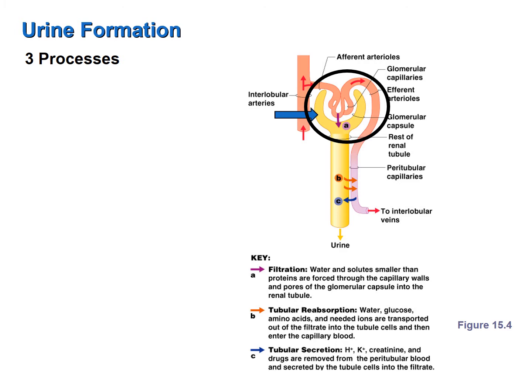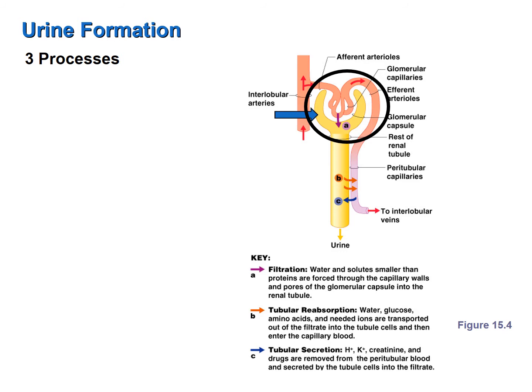As blood passes through the glomerular capillaries, water and solutes that are smaller than large proteins are forced through the walls of the glomerular capillaries, and they enter the glomerular capsule. Basically, the plasma portion of blood minus the plasma proteins are able to cross the capillary walls and enter the glomerular capsule.